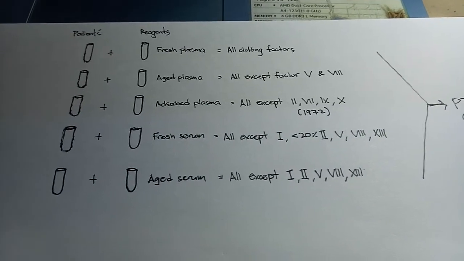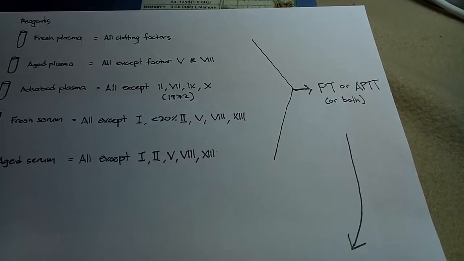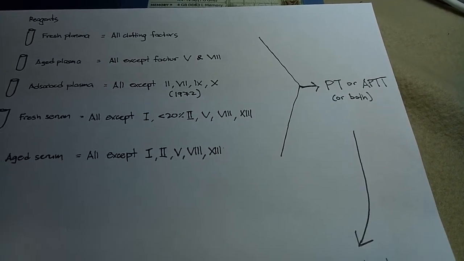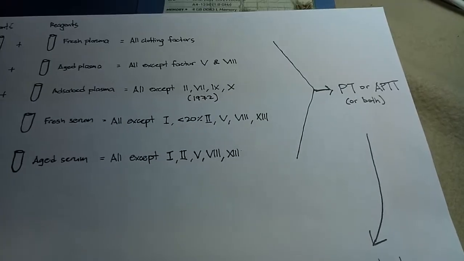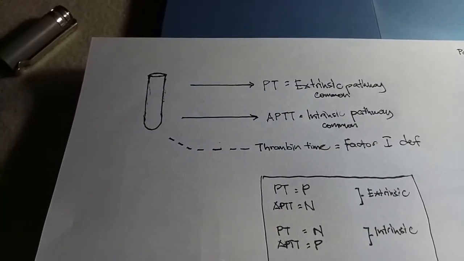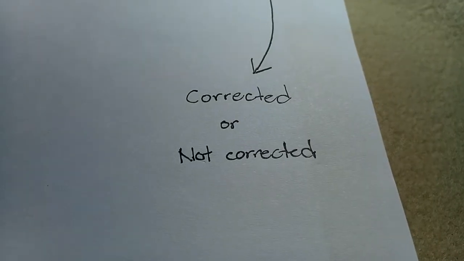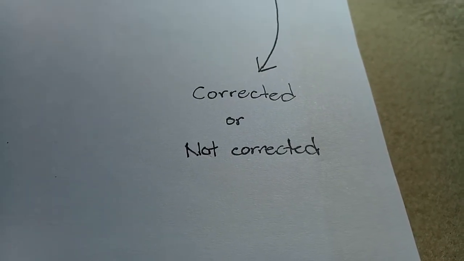Then, after the mixing part, perform PT and APTT. So, once you perform PT and APTT na, you compare the result of this PT and APTT na to, from your previous PT and APTT test. After comparing, malalaman mo na, okay, kung nasaan yung corrected or not corrected.